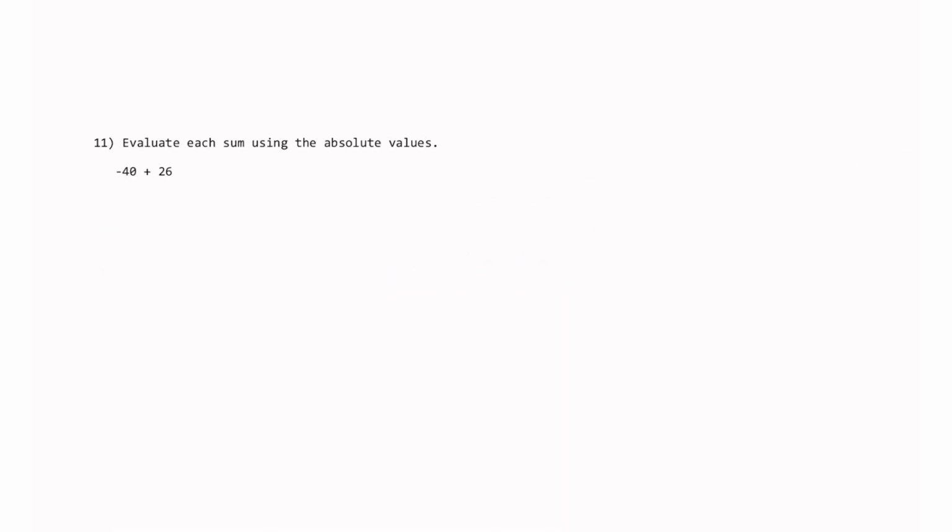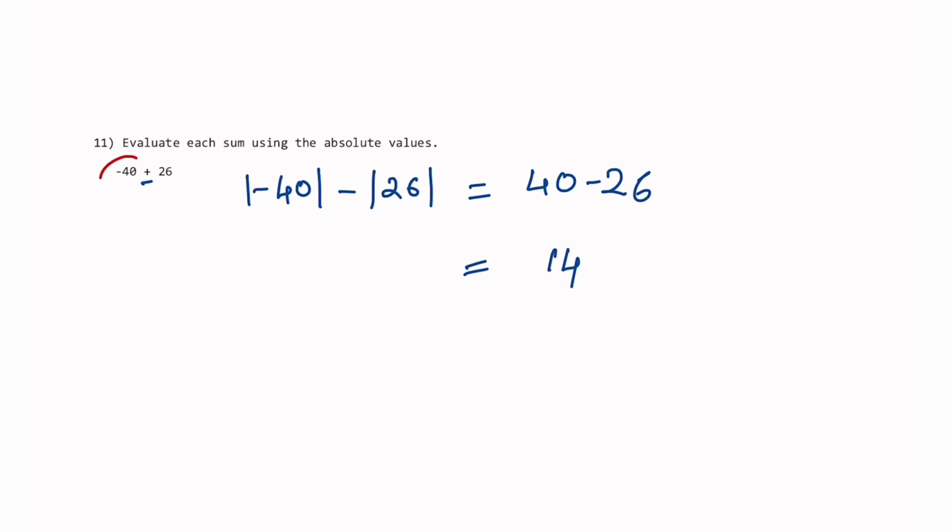Okay, so moving to the next one, the same type of a question. So we do minus 40 and then minus, right? We said this positive will become negative sign here and 26 here, which is equal to 40 minus 26, which is nothing but 14. And the sign will be of the bigger number, which is minus.